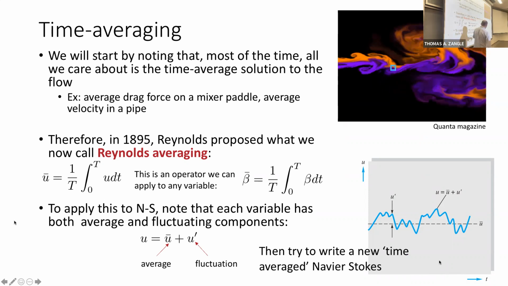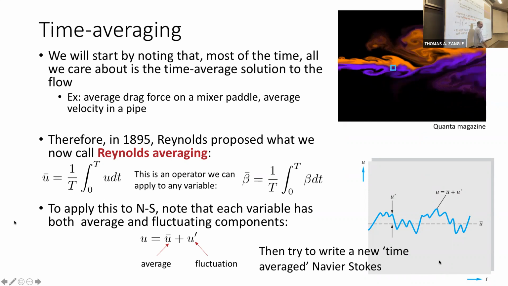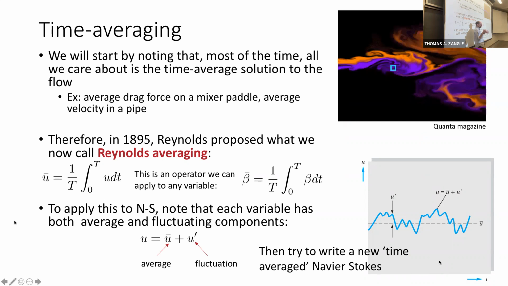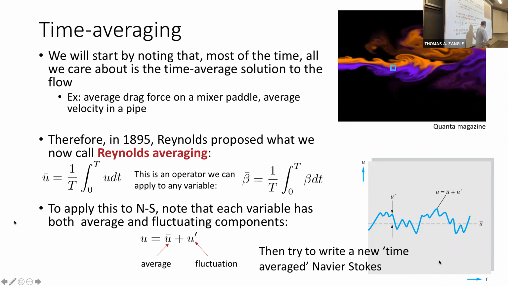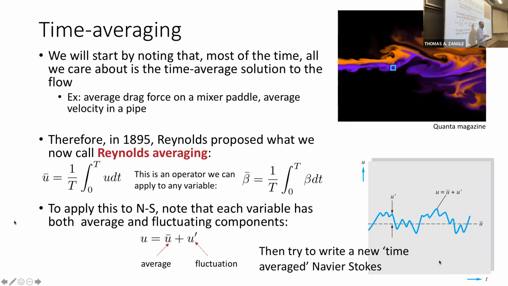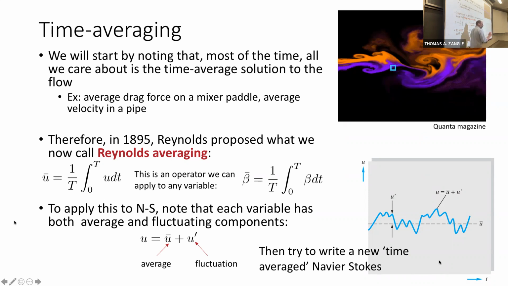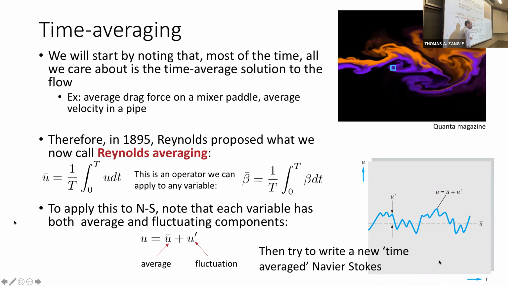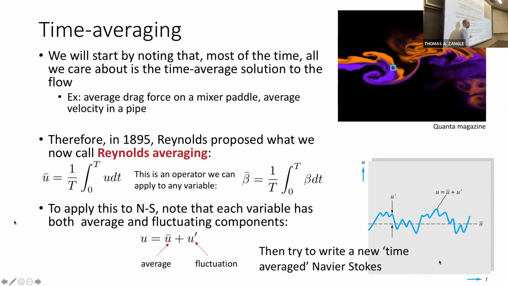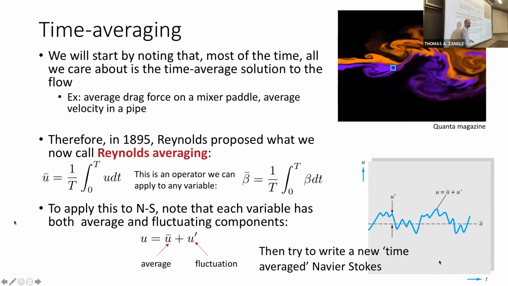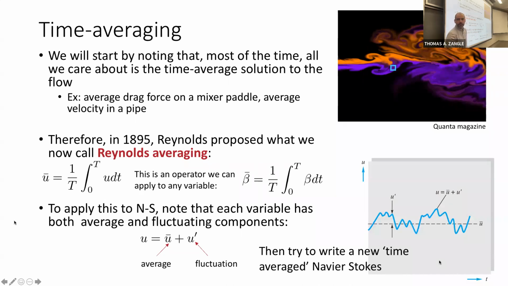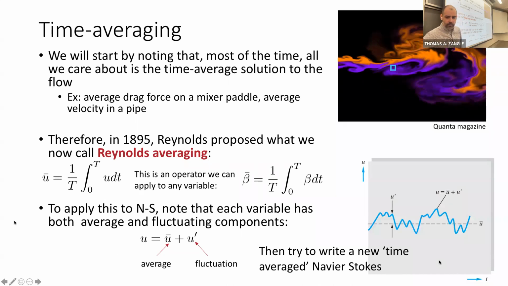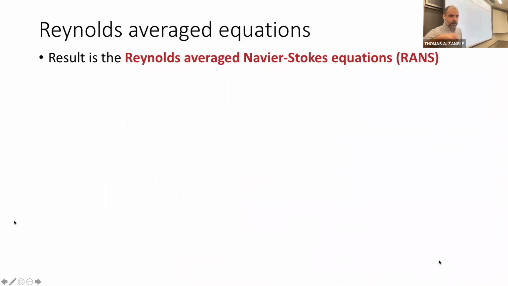And then our goal is going to be to take the Navier-Stokes equations and write a new form of the Navier-Stokes equation, which is going to be time averaged, in a sense. So we're going to try to write a form of Navier-Stokes where the only things that we deal with are these time average quantities, the overbar quantities. And the result of all of this is what we call the Reynolds averaged Navier-Stokes equations, or RANS.